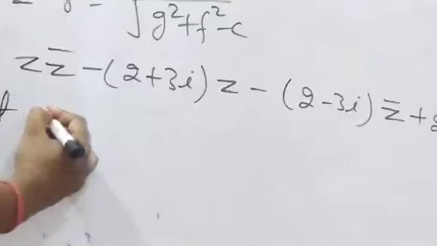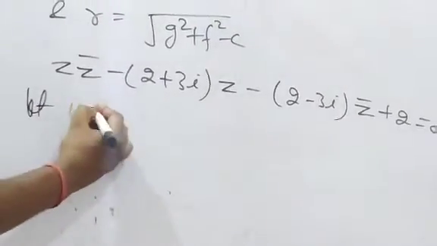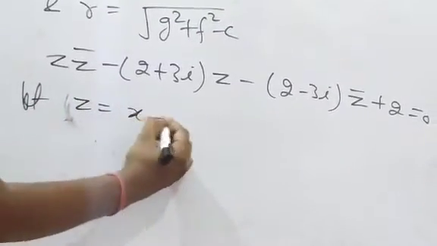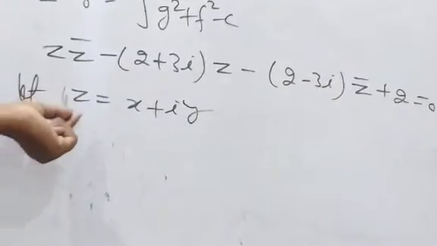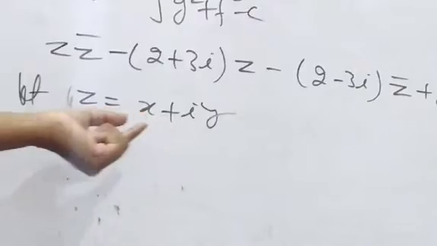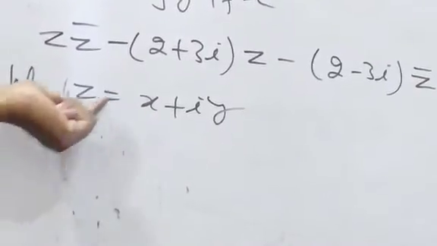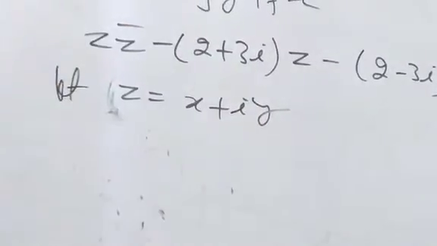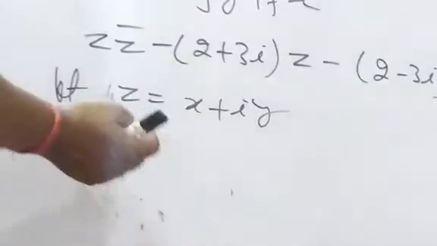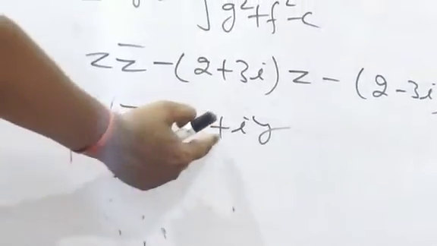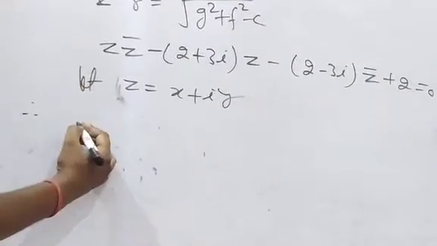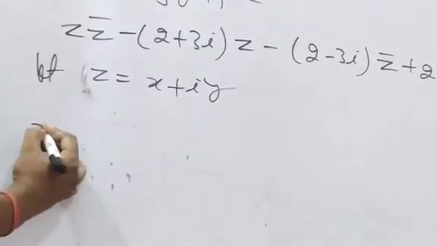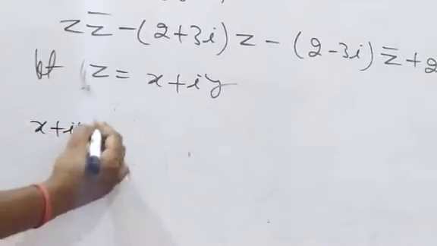Now let z is equal to x plus iy. Clear? Because z is the complex number, suppose z is equal to x plus iy. Now I have to put this value z is equal to x plus iy in this equation. Clear? Therefore z means x plus iy.